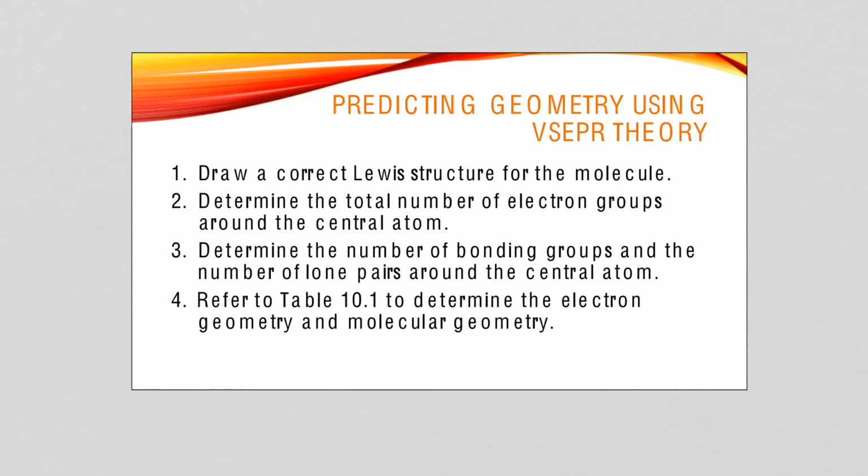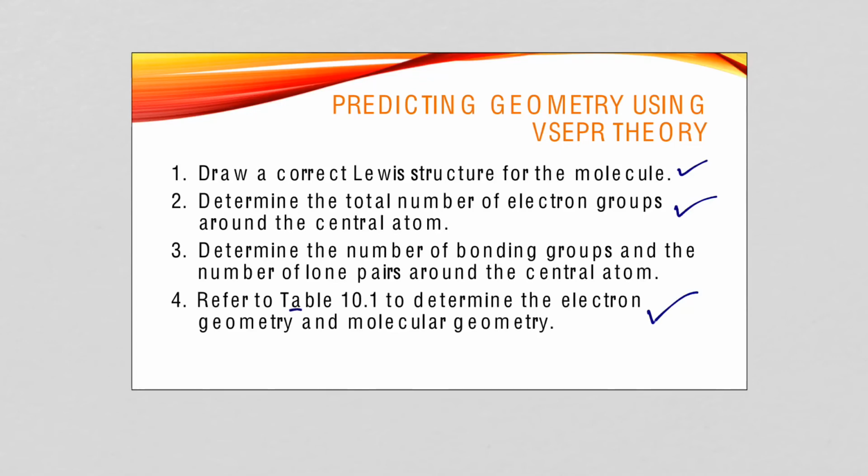So the basic process for predicting the 3-dimensional shape: of course we're going to need to draw a Lewis structure. Everything is based on that Lewis structure. We're going to determine the number of electron groups by counting around our central atom. Based on how many of those are bonding and lone pairs, we're going to determine the actual molecular geometry and bond angles based on the information in Table 10.1 that we just talked about.